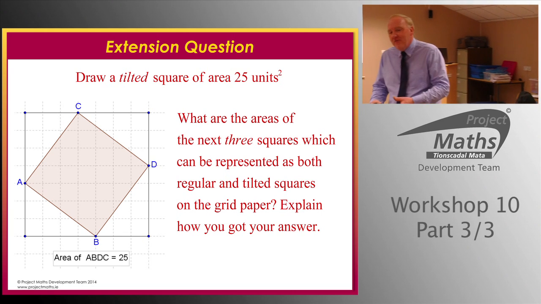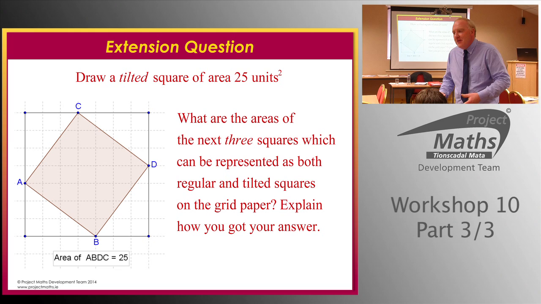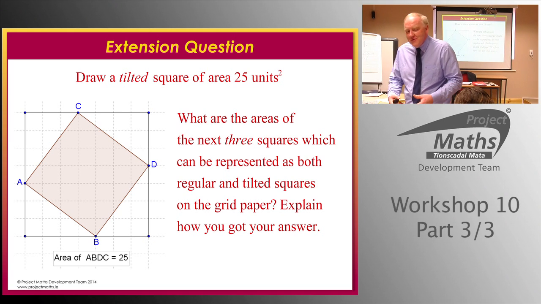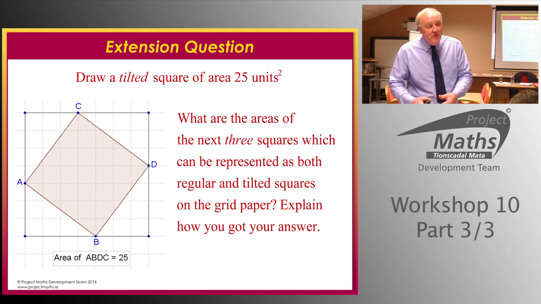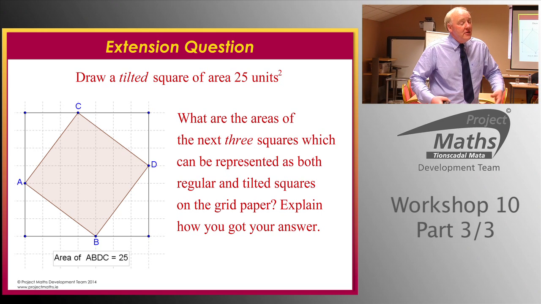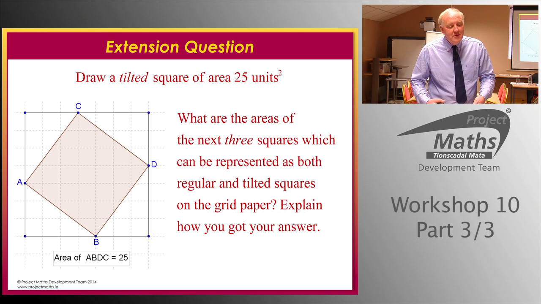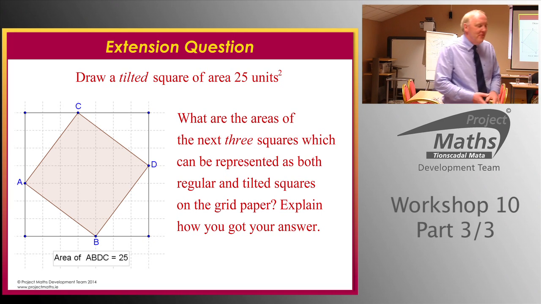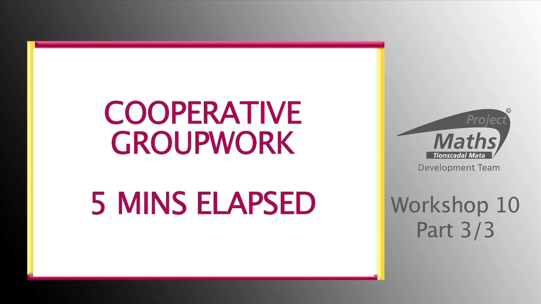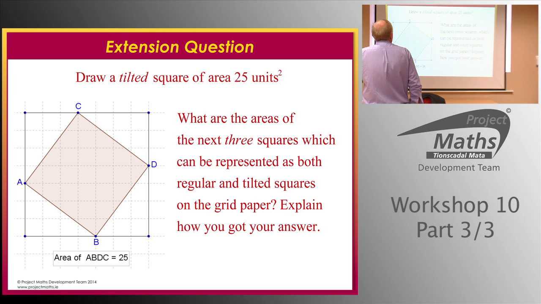Can there be a tilted 49? Can there be a tilted 64? Can there be a tilted 81? Can there be a tilted 100? Yeah, we think about that now. We'll have a chat about it for a moment.